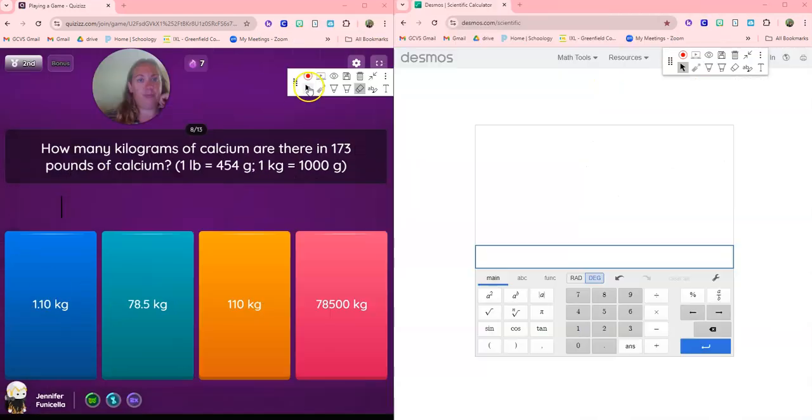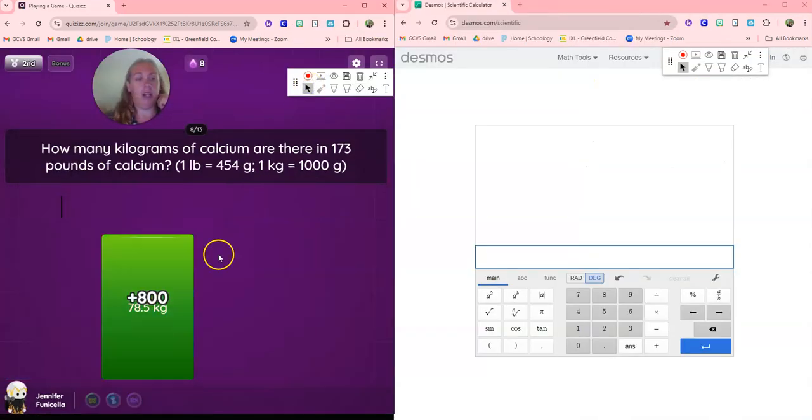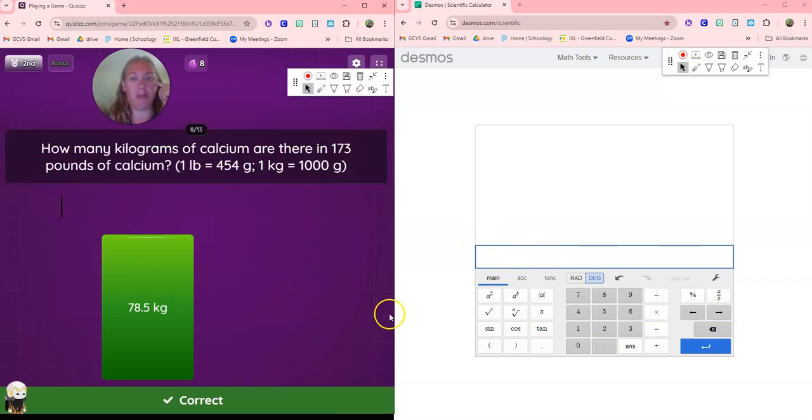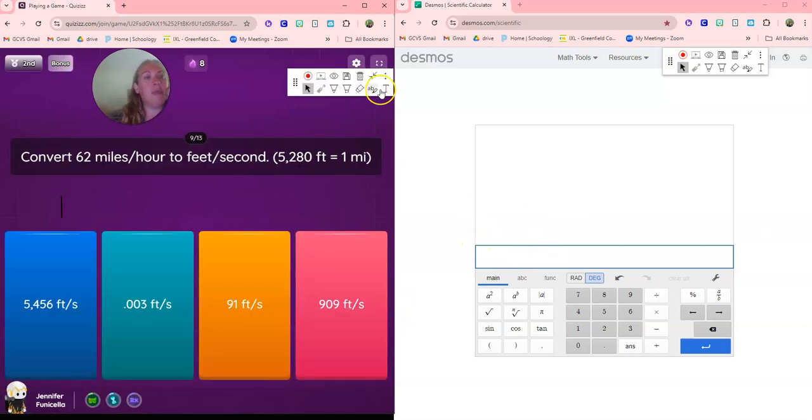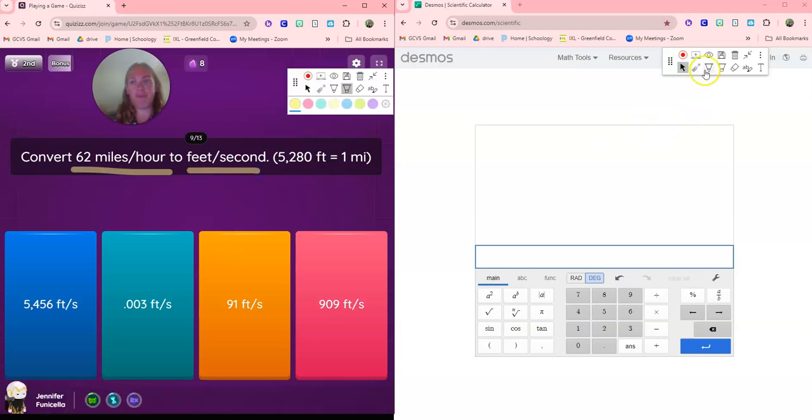Alrighty. Okay, beautiful. So I just shuffled the screen a little bit, so I made the calculator side a little bigger when we're writing on it. So this says convert 62 miles per hour is what we're starting with, and we want to get it to feet per second.